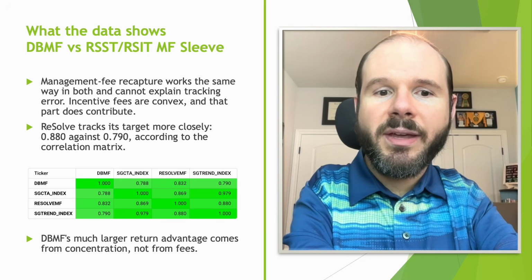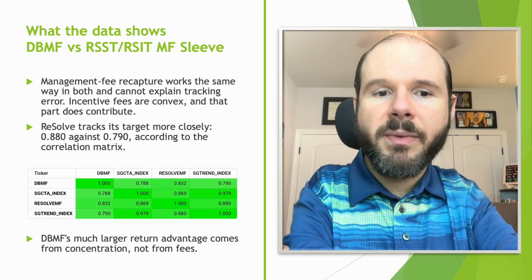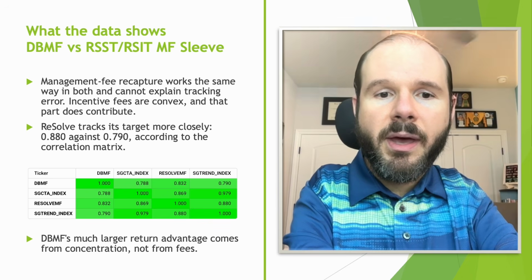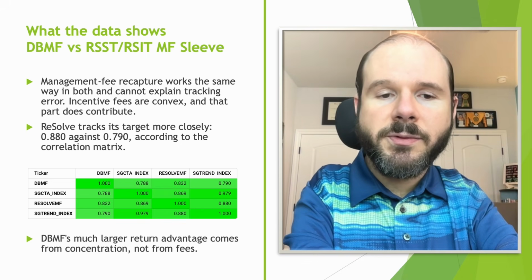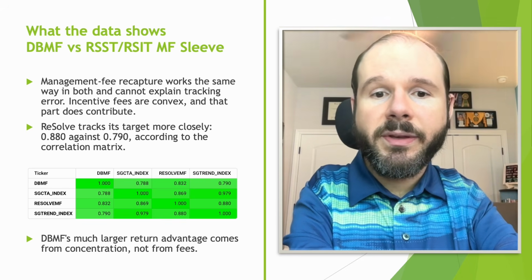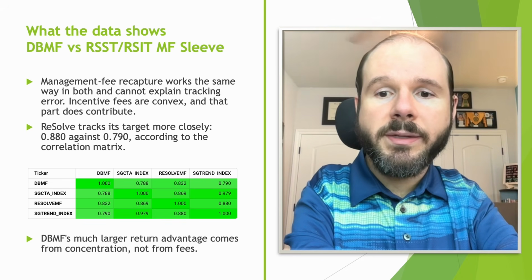I mean, you've got a correlation from the correlation matrix for DBMF to the SG CTA Trend at the monthly level of about 0.788. And you've got a correlation between the Resolve Managed Futures sleeve and the SG Trend Index at this monthly level of about 0.880.